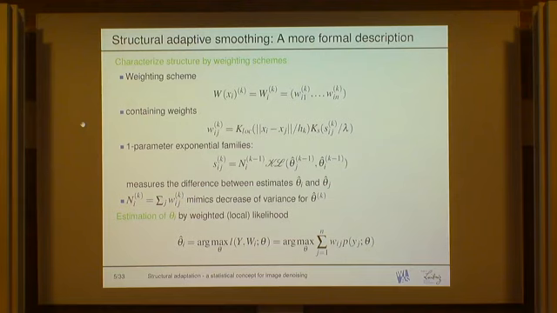This is the sum of weights used in order to get an estimate theta hat i in the preceding step. And this somehow mimics variability of the estimates. Estimation itself is done using weighted likelihood, or in the Gaussian case, weighted least squares.